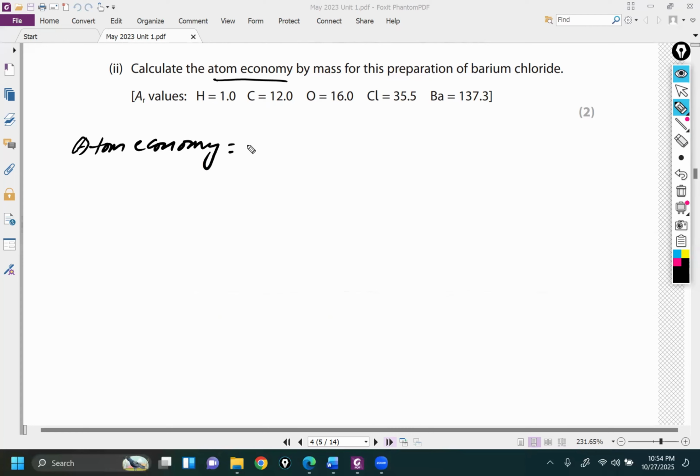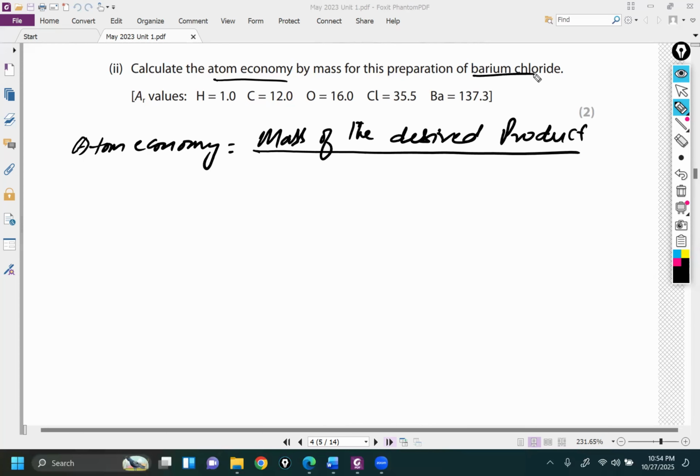The formula is the mass of the desired product, and it is very simple because in the wording of the question, you will easily get which one is the desired product. For the preparation of barium chloride, that is our desired product, divided by the mass of all products, times 100. I am sure that most of the students will be aware of this formula.